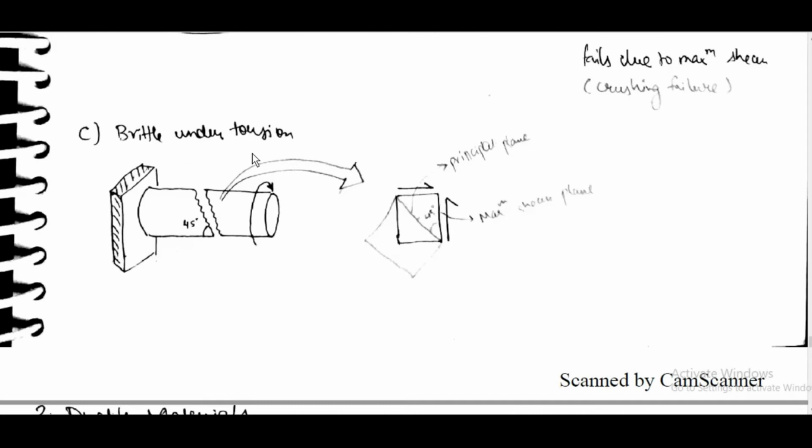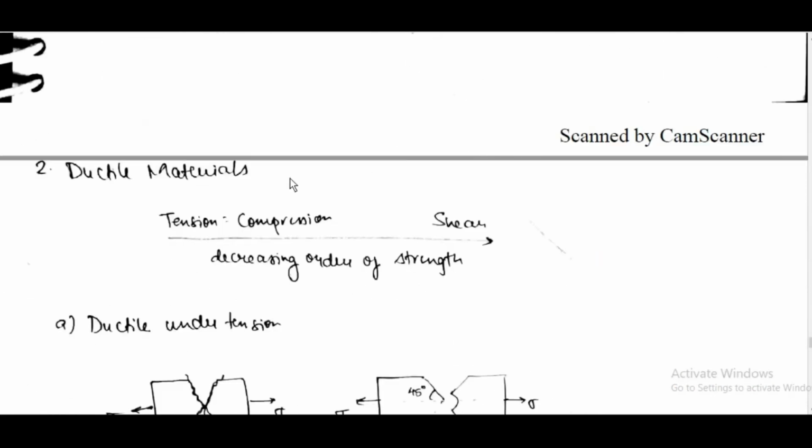Brittle material under torsion again fails at 45 degrees, because the principal plane will be like that, and normal to it, this straight-line plane is the maximum shear plane. As it is strong, it won't break in that direction.